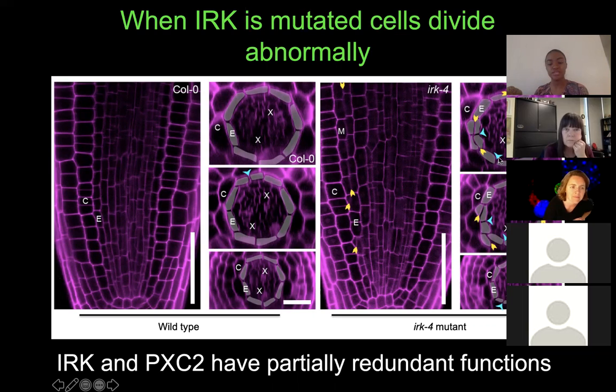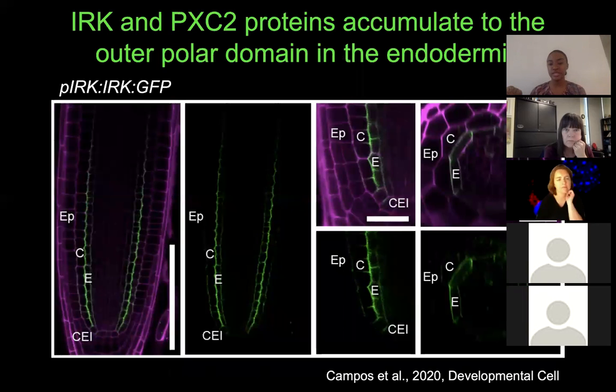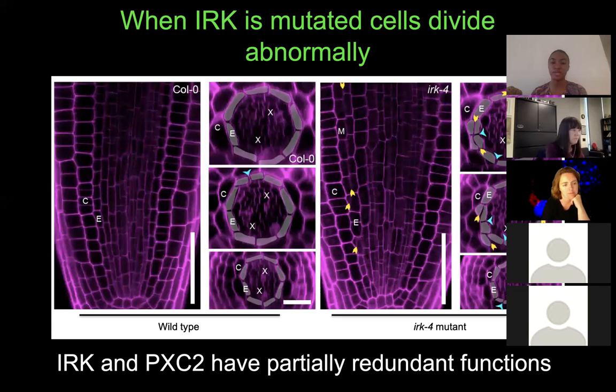This suggests that IRK has a function in repressing excessive cell divisions. So just to reiterate, the localization in Arabidopsis of these genes is to the outer polar domain, and their function seems to be the repression of excessive cell divisions. And this is for Arabidopsis.